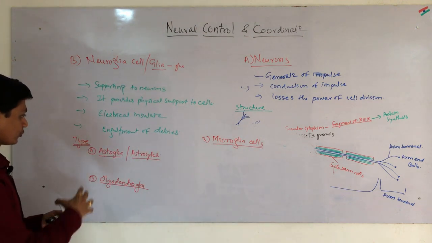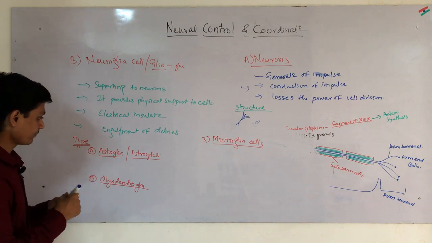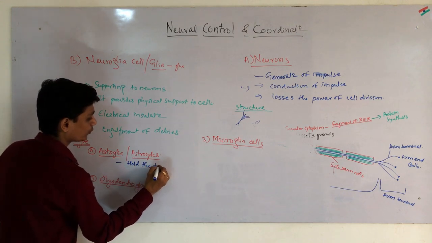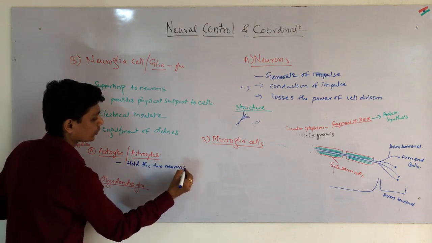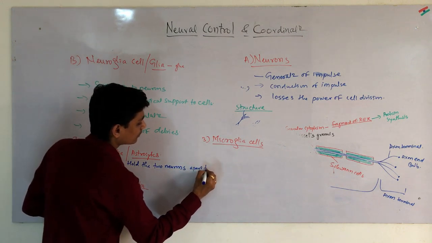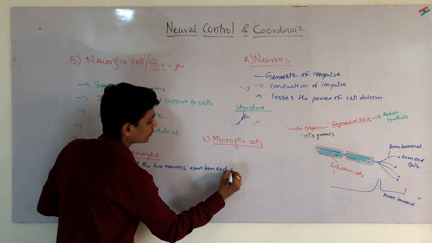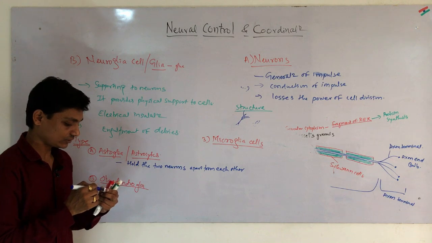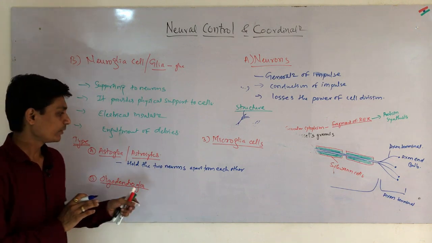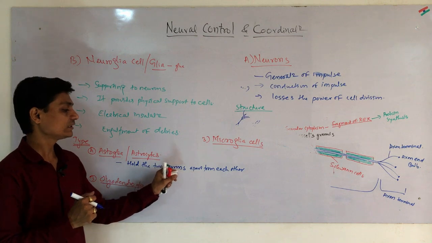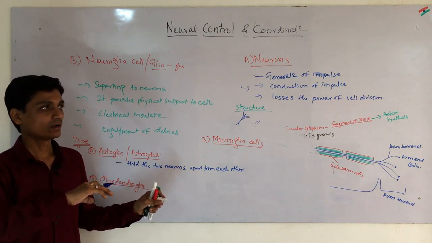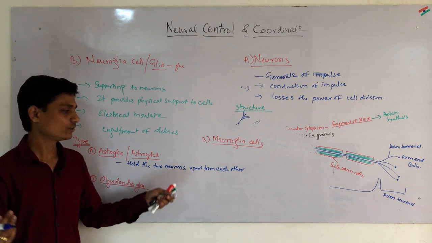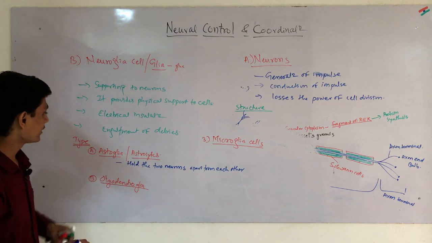What do these astroglia cells do? These astroglia cells hold the two neurons apart from each other. Means the two neurons which are very close to each other cannot coincide with each other, because if coincidence is there, the impulse may cross over to another neuron, so that is avoided here due to this astroglia.